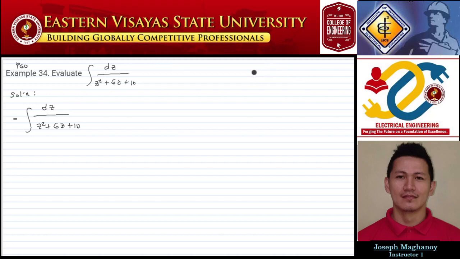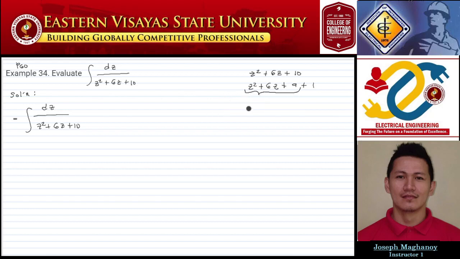So for our z squared plus 6z plus 10, this is also written as z squared plus 6z plus 9 plus 1, so that we can factor out this z squared plus 6z plus 9.